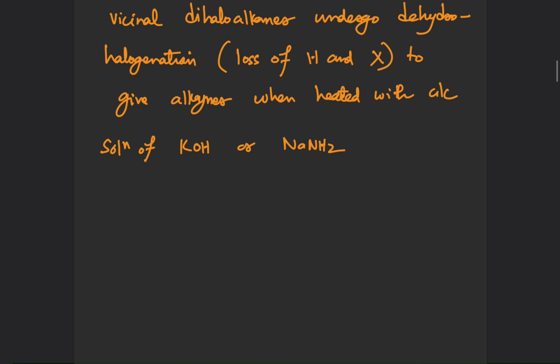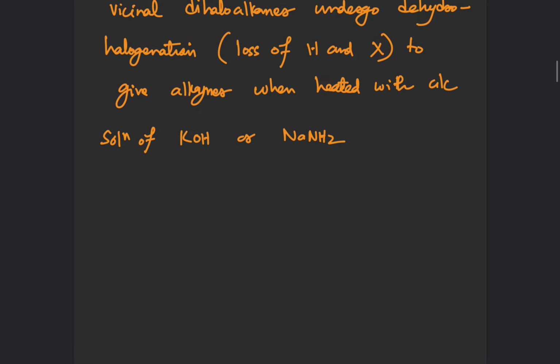Okay, so therefore with respect to reaction, I can write, so I have B, which is CH3 CHBr CH3. So this guy is reacting with ethanolic KOH and sodamide.